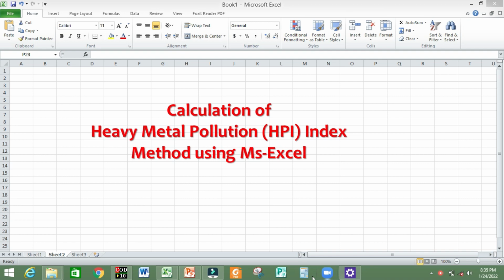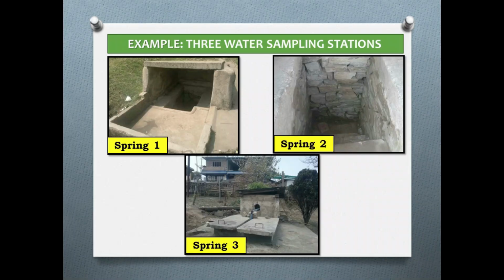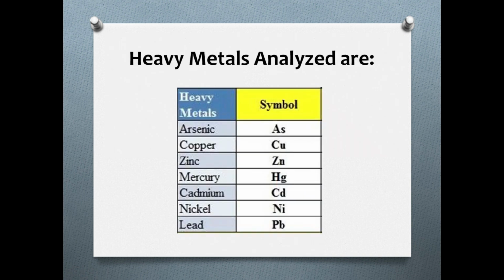To begin with, for easy understanding of the heavy metal pollution index method, first let us assume that we are collecting water samples from three different springs, and the water samples collected were then analyzed for arsenic, copper, zinc, mercury, cadmium, nickel, and lead.